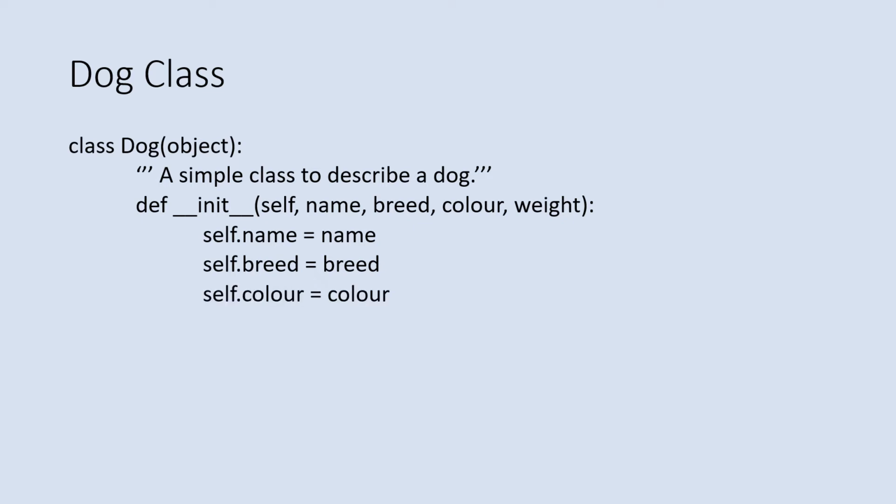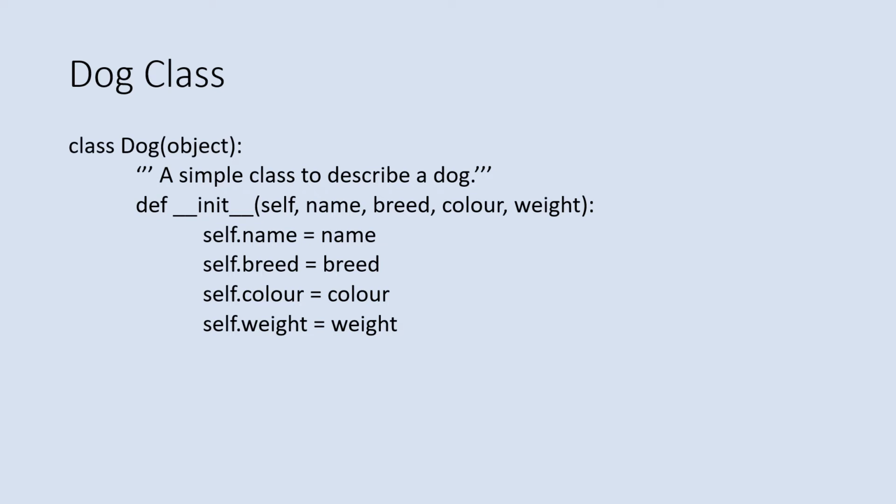So self.breed, self.color. Again, we don't have to name these the same thing. We've named them that way so that the user can see what the input values, what the parameter represents, and then we're assigning that same name inside the class just so it represents the thing that the user would have been inputting data to represent.